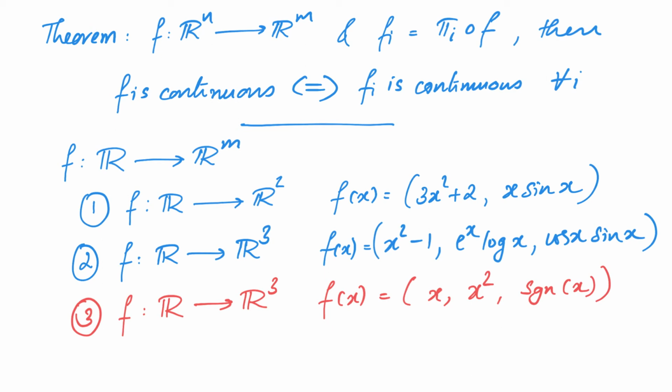Recall that signum of x was the function defined to be equal to minus 1 if x is less than 0, equal to 0 if x is equal to 0, and 1 if x is greater than 0. This function is clearly discontinuous at x equal to 0, and therefore the function that we have defined from R to R3 should also be discontinuous. In this manner, we can construct enough examples of continuous and discontinuous functions from R to Rm, and for that the theorem was extremely beneficial.